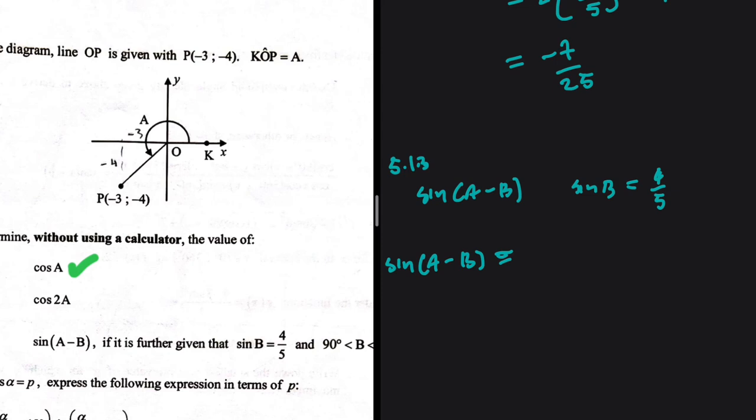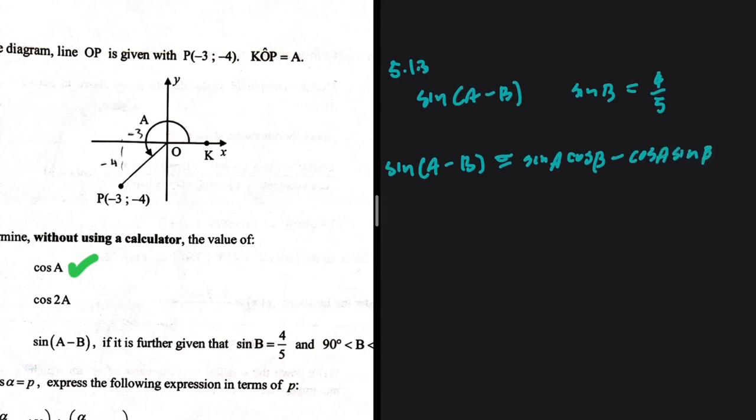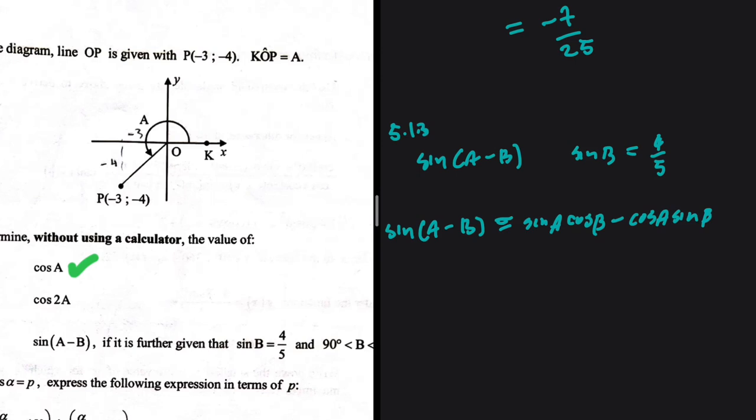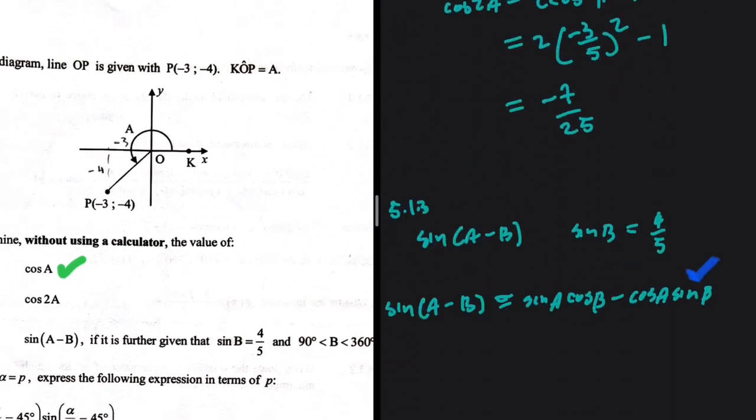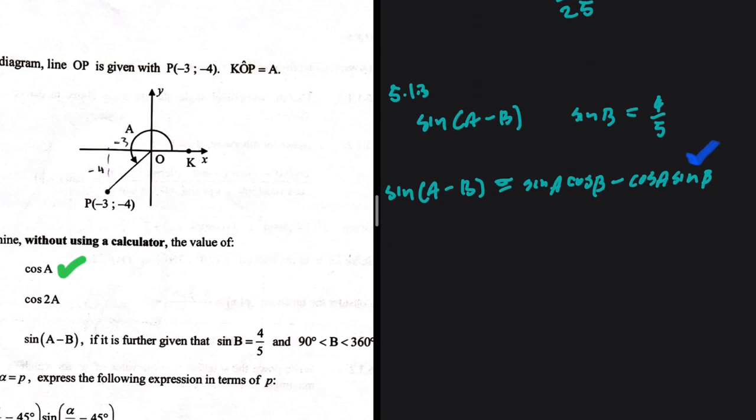So in this case, we will have sine A cos B minus cos A sine B. Okay, so we have sine B, it is given to us, 4 over 5. And then what else do we have? We have cos A from the question above.